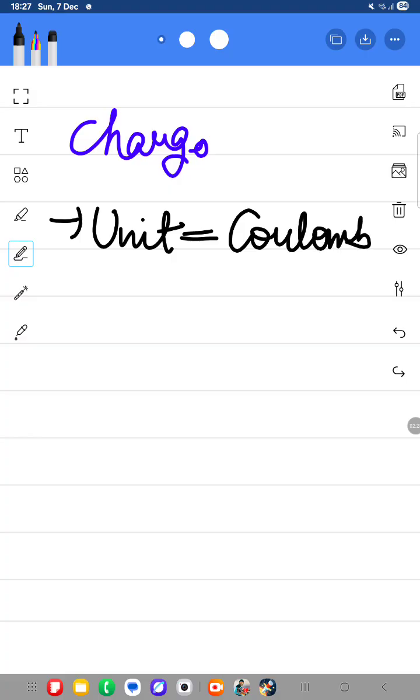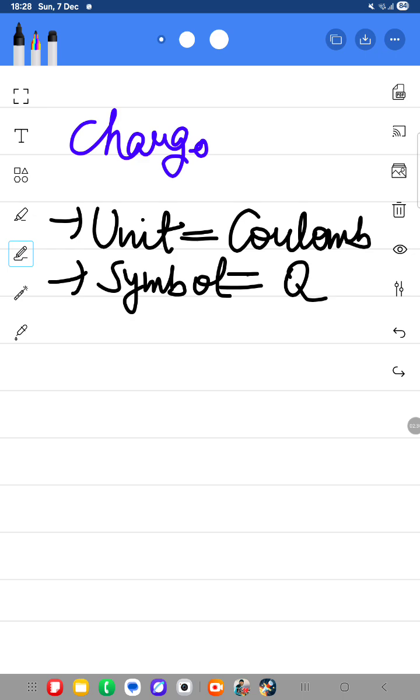The unit of charge is coulomb, and its symbol of representation is Q. I hope you understand till here.